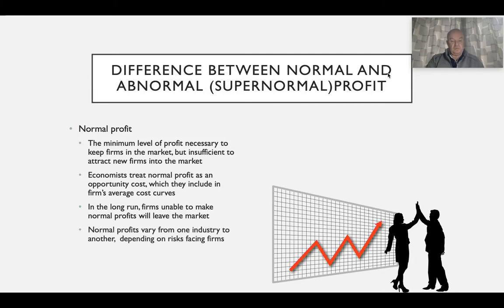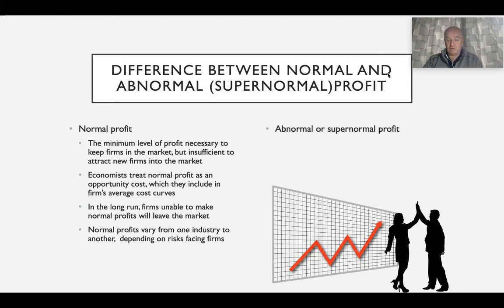And clearly, normal profits will vary from industry to industry, depending on the risks that firms are facing, the amount of competition that they face, and a whole range of other things. But it's important that you're aware that normal profits do vary from one industry to another.